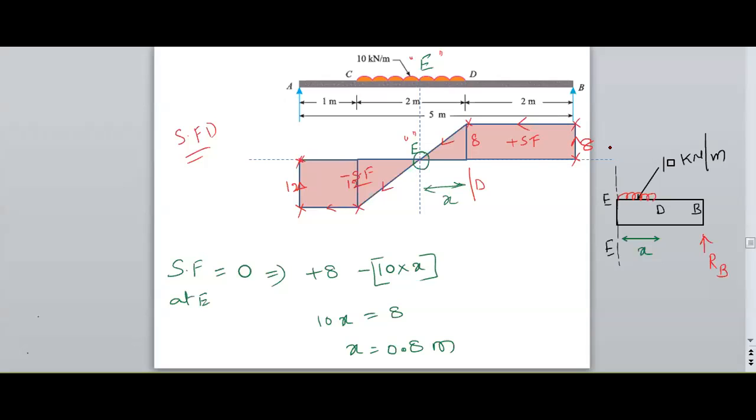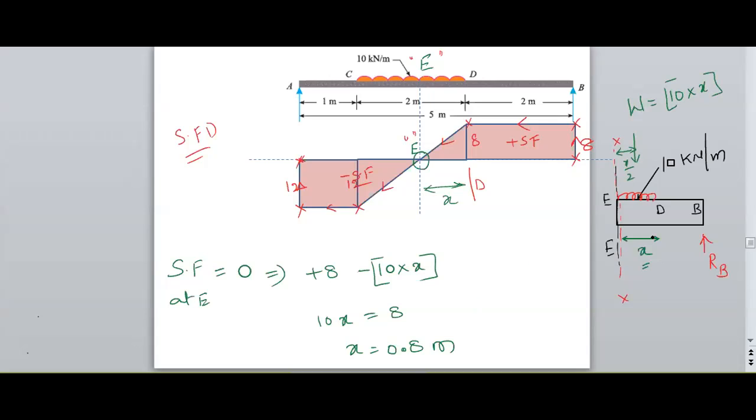Now, considering the E section, the section is at E. Therefore, the right hand side forces, RB and UDL, need to be converted into a point load whose magnitude is 10 into X, an unknown value. This distance is not known now, and it is at a distance of X by 2.